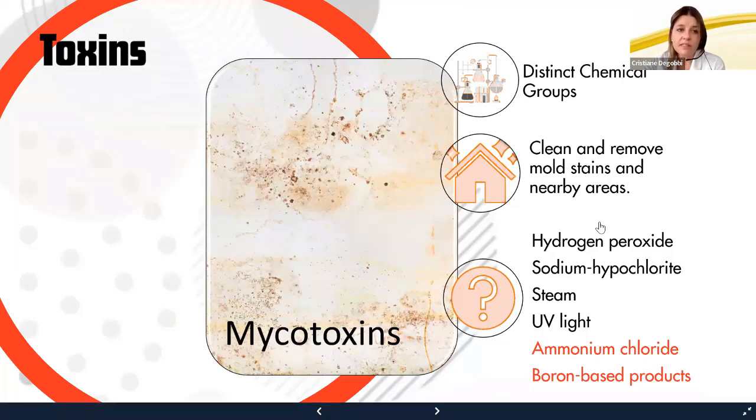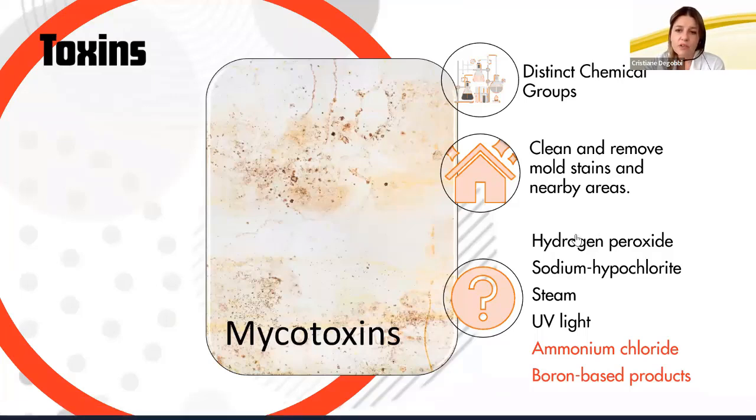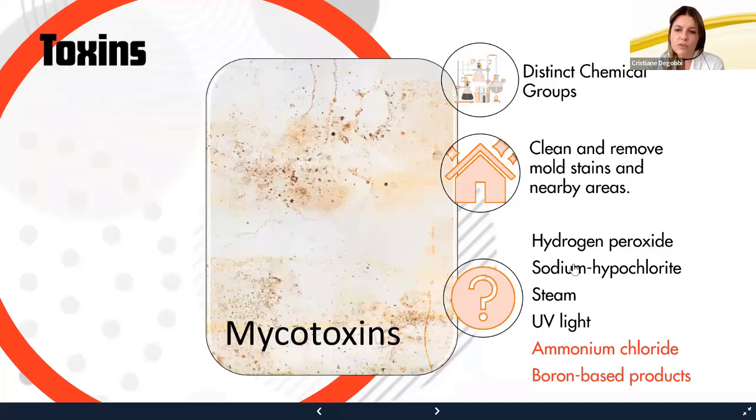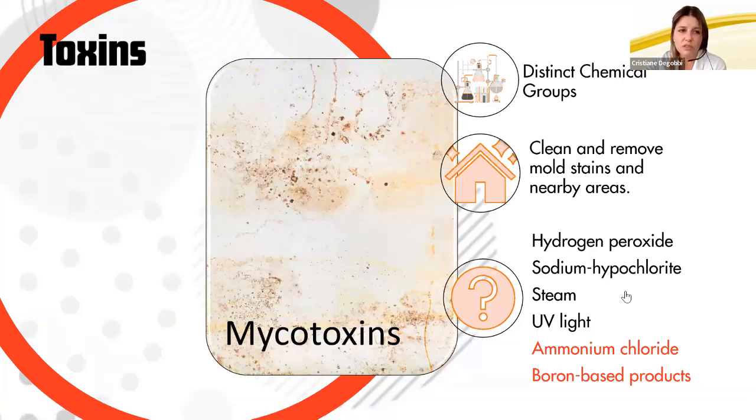Although we do have some scientific studies showing that hydrogen peroxide, sodium hypochlorite, UVC lights, quaternary ammonium compounds, and boron-based products can work to a certain extent on the main ones that we find indoors, okay?